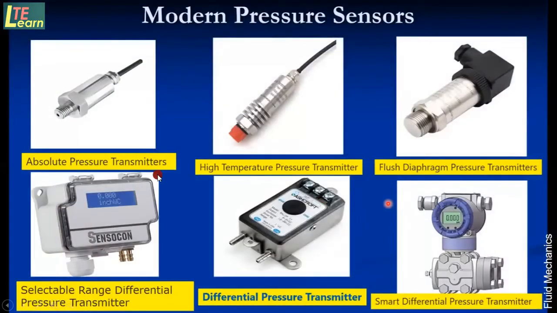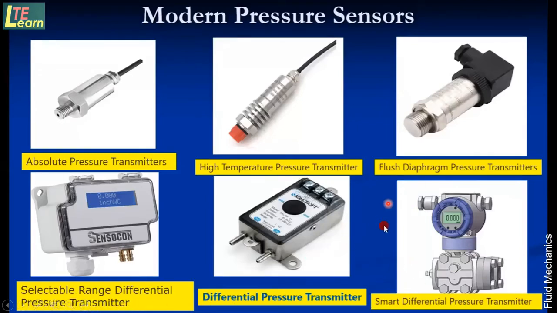In this advanced age of technology, nowadays we use modern pressure sensors. These are some sensors: absolute pressure transmitter, high temperature pressure transmitter, flush diaphragm pressure transmitter, range differential pressure transmitter, smart differential pressure transmitter.